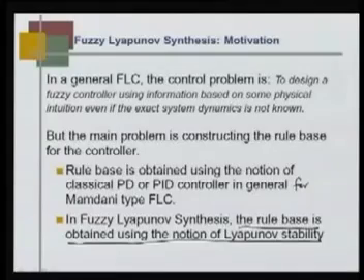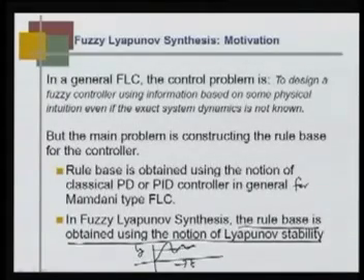I can tell you how we normally build a fuzzy rule base. Suppose this is the general characteristic of a second order system response, with time t on this axis and output y on this axis. If I am in this zone, the error is very large.